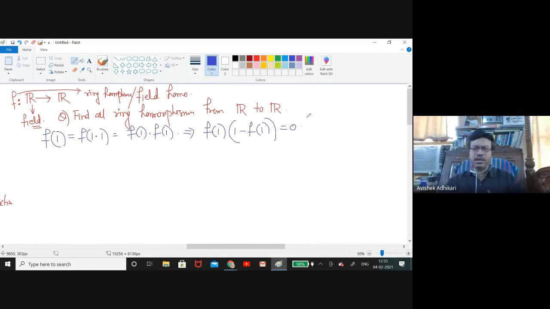As I mentioned, it's an integral domain, so I have two choices: either f(1) equal to 0 or f(1) must be equal to 1. Till now we are within this algebra, and we have seen that there are two possibilities: either f(1) goes to 0 or f(1) goes to 1 if it's a ring homomorphism. So up to this, any ambiguity or any questions?